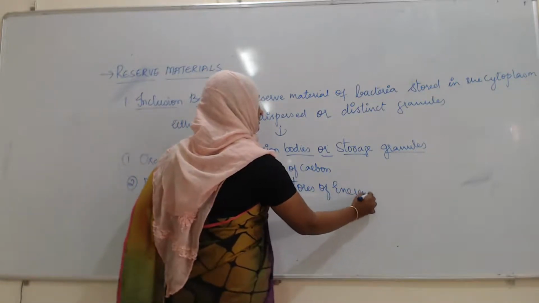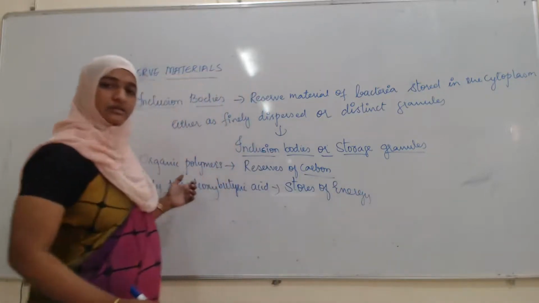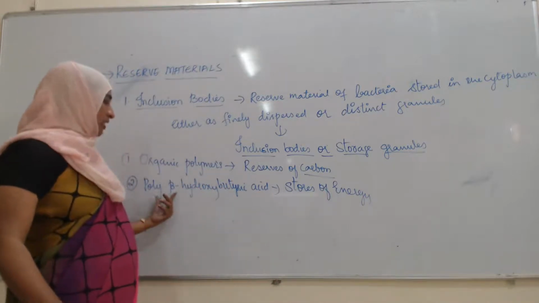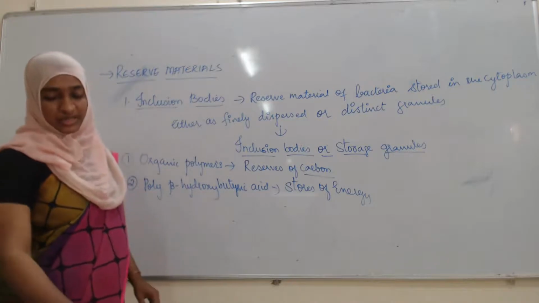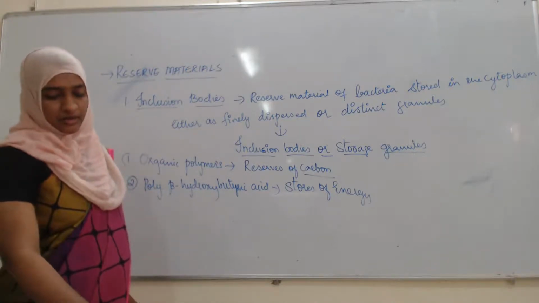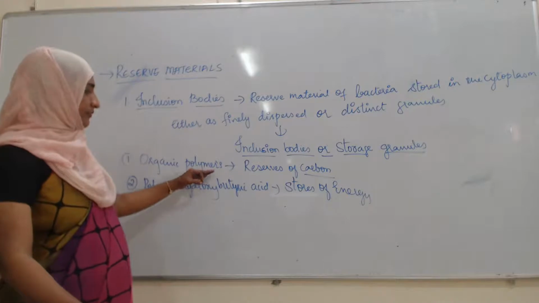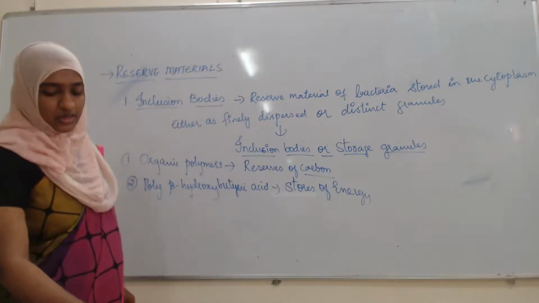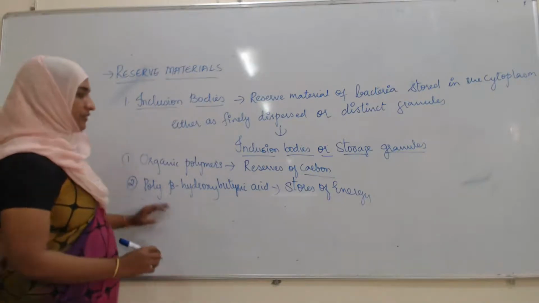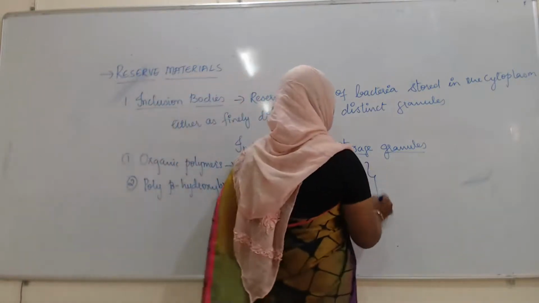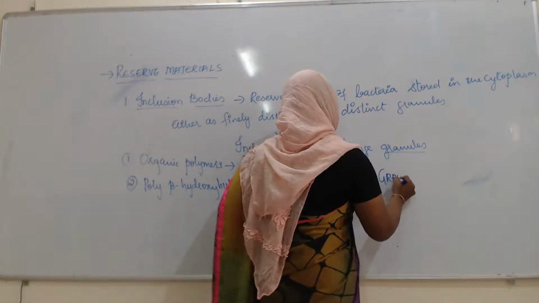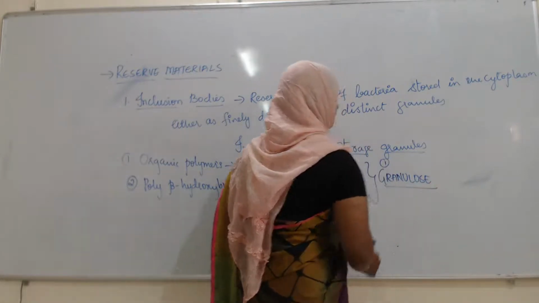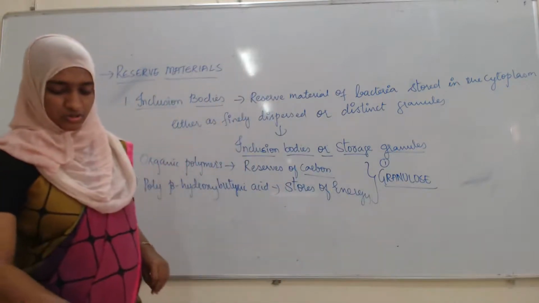Who is going to store the carbon over here? That is the organic polymer. Who is going to store the energy? Poly beta hydroxybutyric acid. These particular inclusion bodies or reserve materials are known as granulose. Both of these you can call granulose. This is the first type of inclusion body.